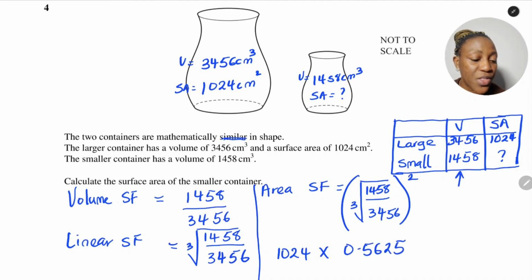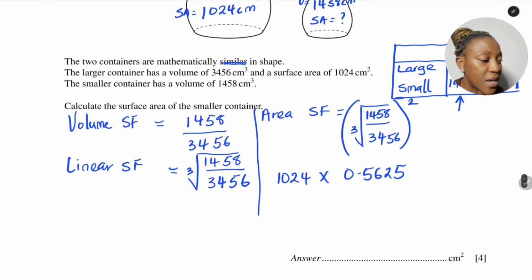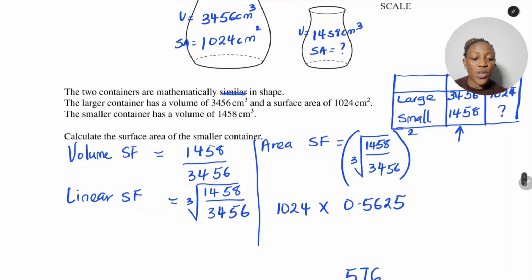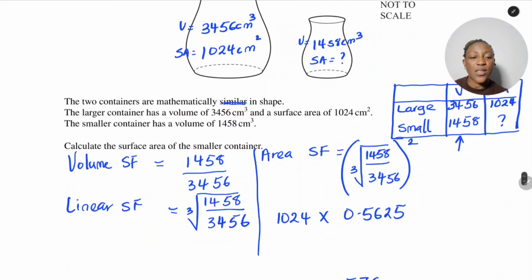So I multiply this by this, and my final answer is going to be 576 centimeters squared. I have not evaluated along here. I came here to evaluate to make my work look neater and tidier.